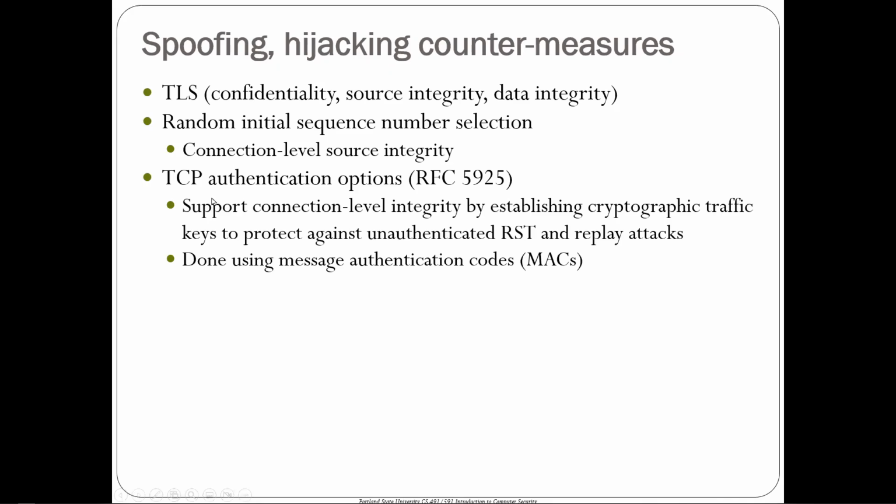The third one, and this is for the BGP session reset one, is to basically establish cryptographic keys on either endpoint that you must be able to produce in order to reset a session. So rather than just using the sequence number, I need you to supply the agreed upon cryptographic key at session startup for me to believe that you actually want to reset this connection.